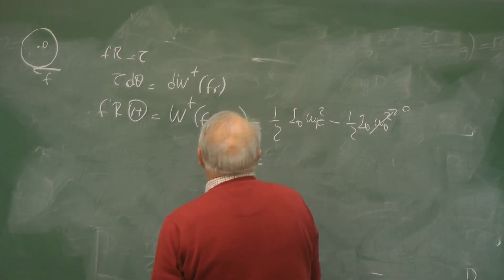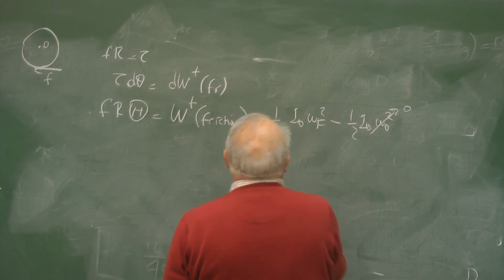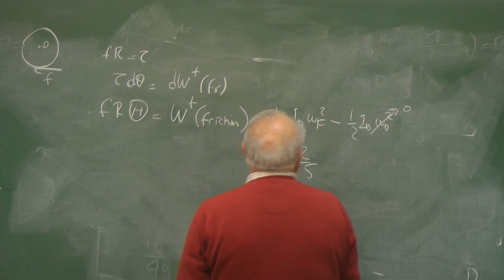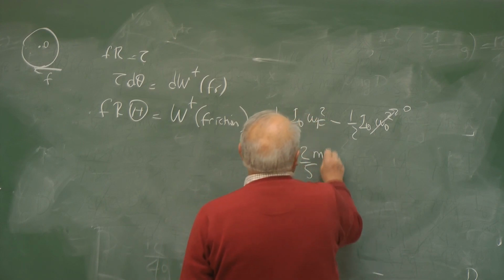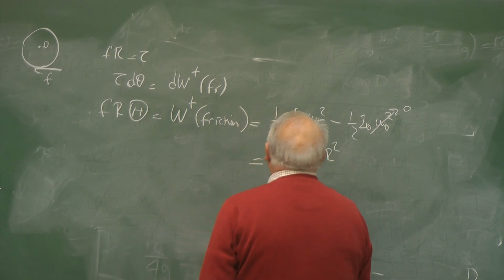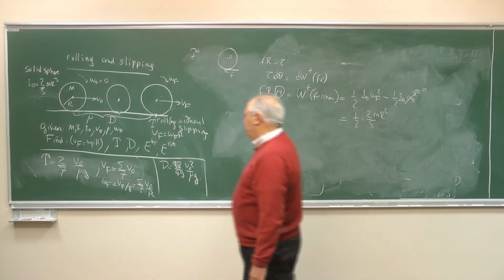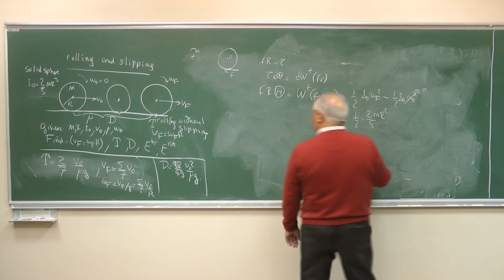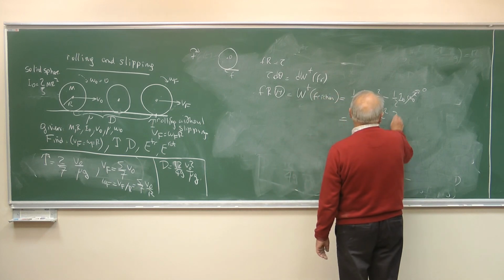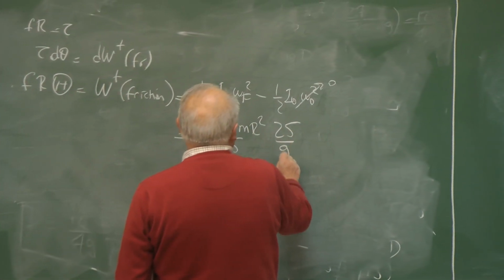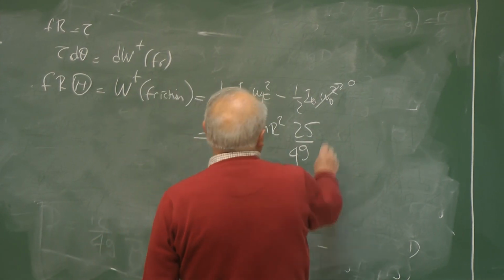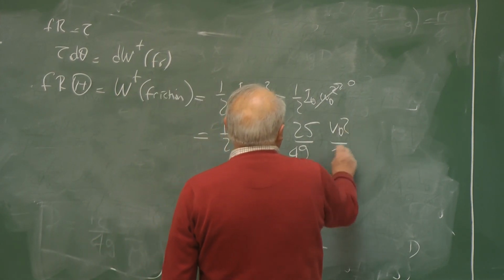So we know what this is. 1/2 times 2 over 5 m r square, and omega f, we found it here, 5 over 7, square it, 25 over 49, V0 square over R square.